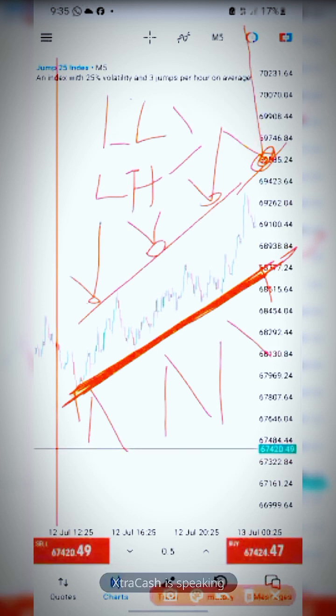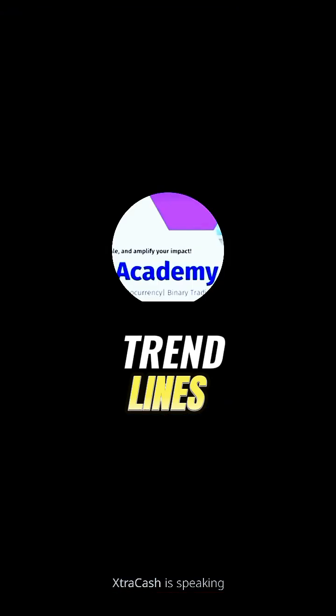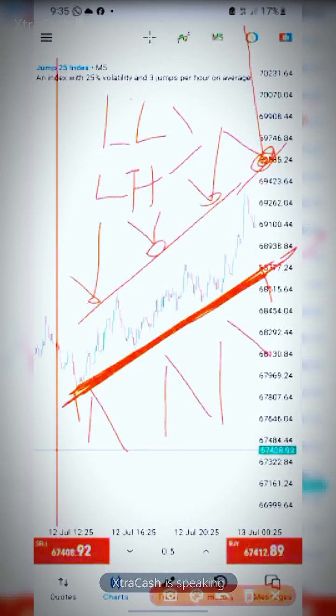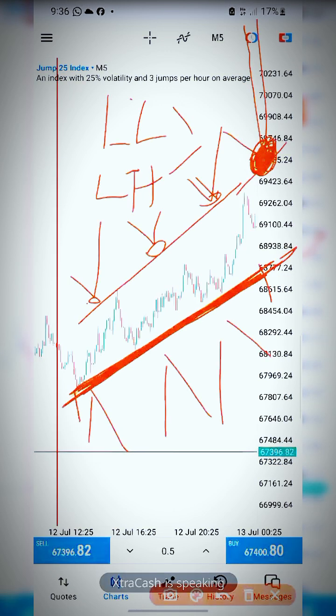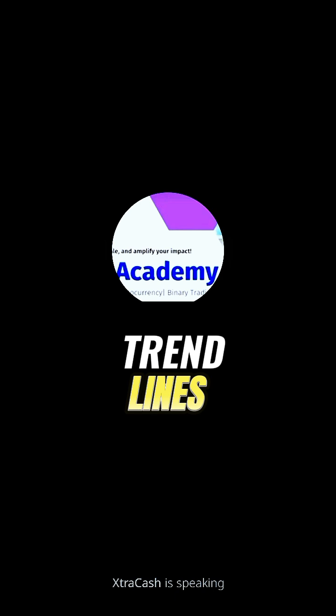If you were in our candlestick class, also check our channel, you will see the candlestick video. In a situation of trend, if you see a bullish candle, a bullish candle that signifies a bullish direction towards this trend line, market will always go up. So it is necessary you take note of that.